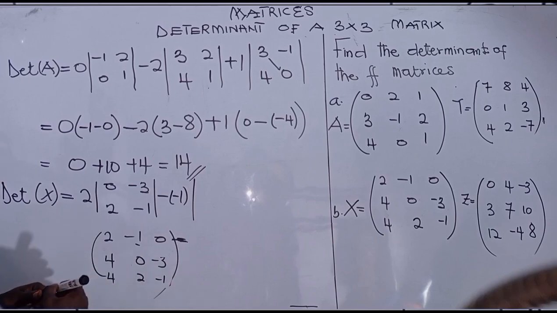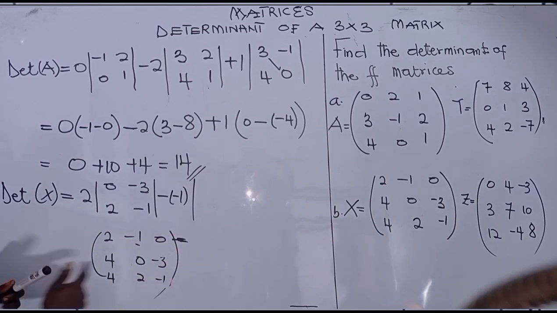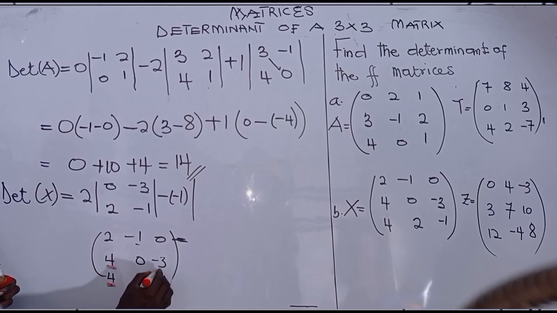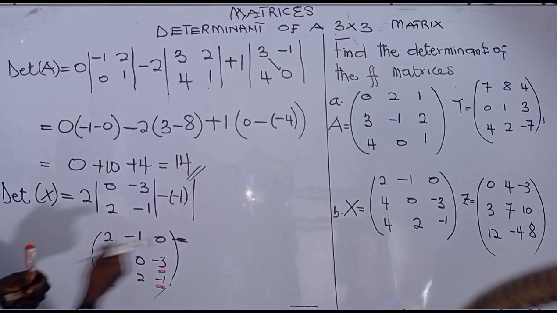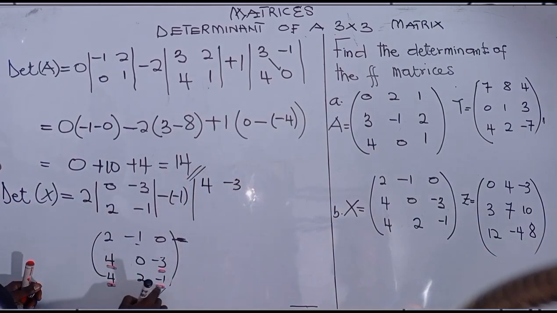And then we find its cofactors, or the minor. So it means we are going to collapse the first row and then the second column. So it means you'll be left with these entries: 4, -3, 4, -1. So we have 4, -3, then we have 4, -1.